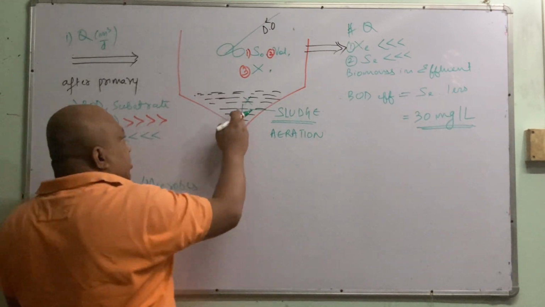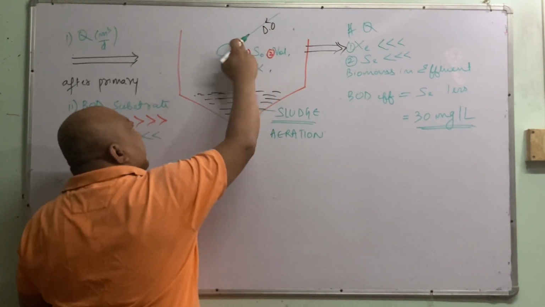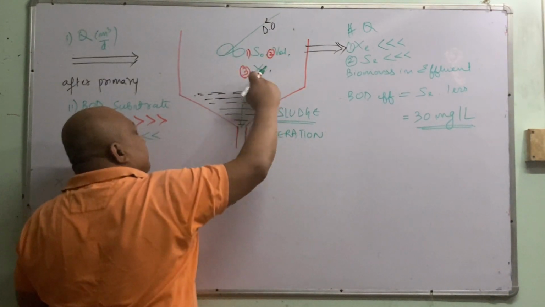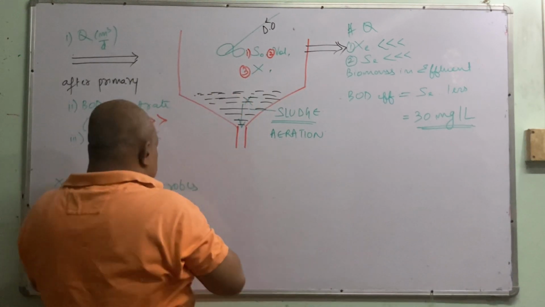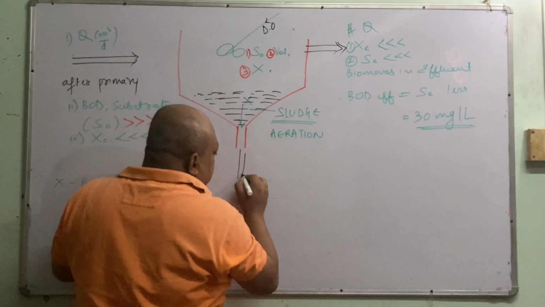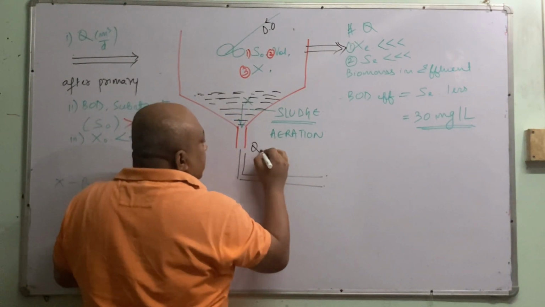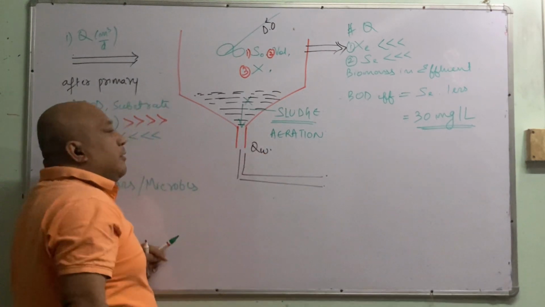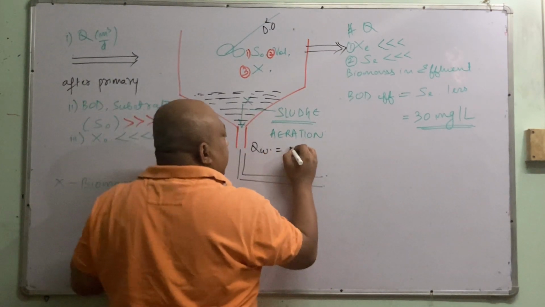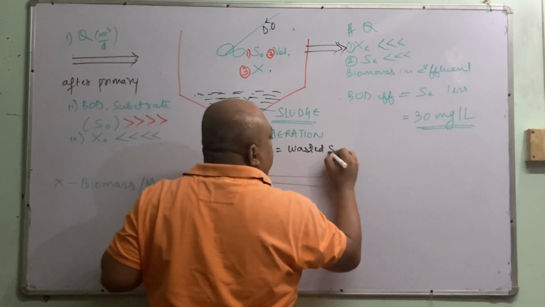So this sludge has to be removed, otherwise it will increase and affect the volume, correct? So what happened is, this coming out is completely wasted away, and this is called QW. QW is wasted sludge discharge.